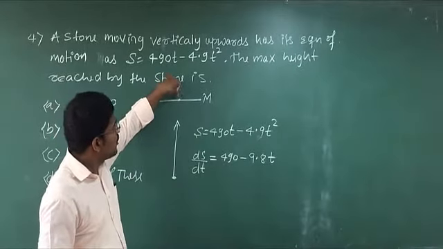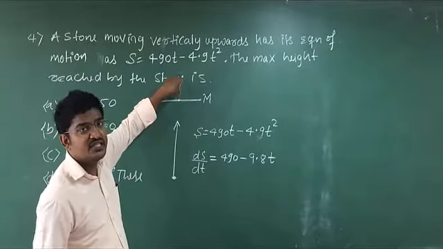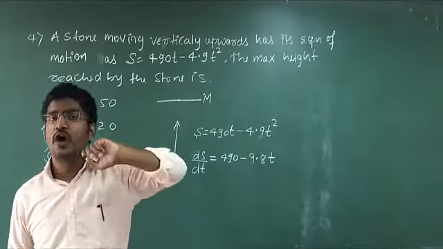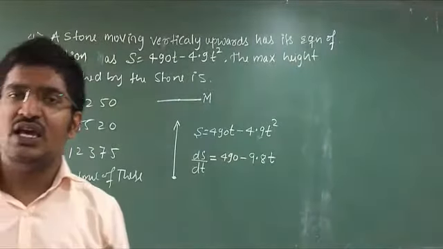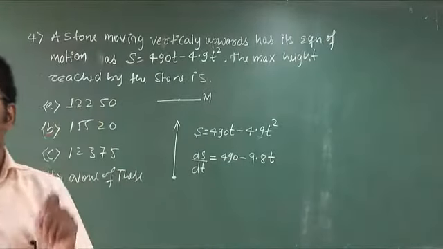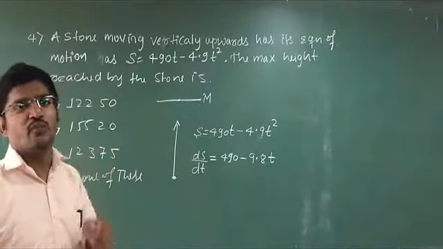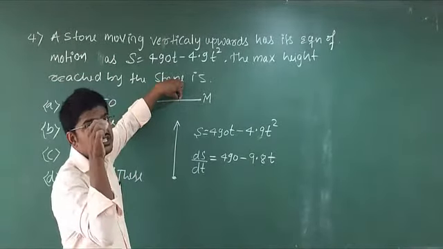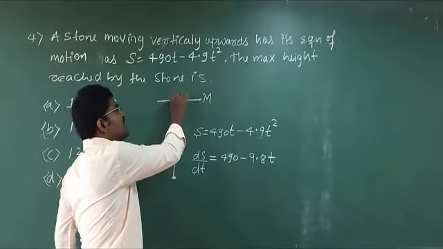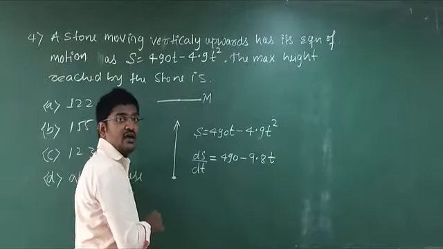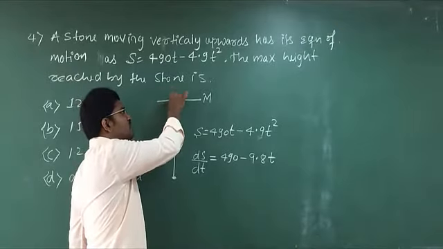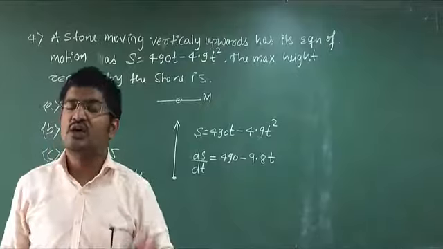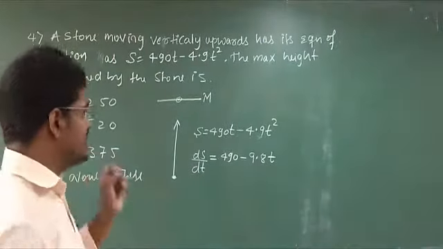So from this point it returns back, means this is the maximum height. At this maximum point, what is velocity? The velocity will be 0, because at this particular point the particle will stop and return back. At that point, velocity is going to be 0.